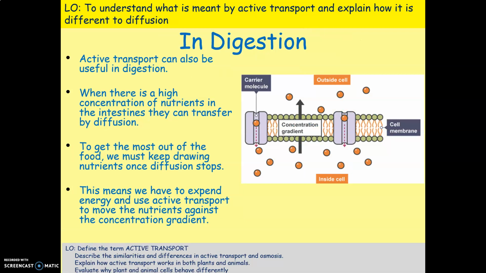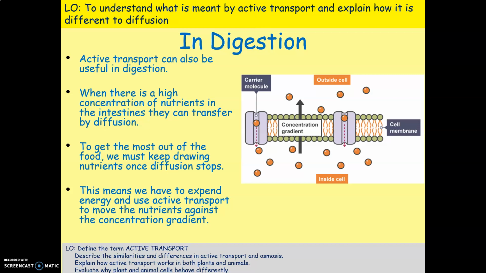Okay, in humans, active transport also occurs in the intestine. Normally, after digestion, the end products, which are smaller molecules, for example glucose, will diffuse into the bloodstream. Now, after a while, the bloodstream will have more glucose compared to the small intestine.